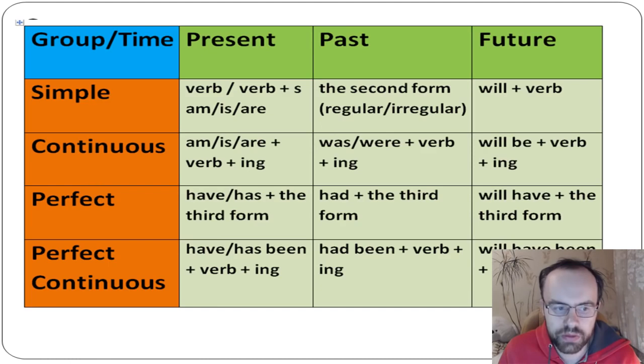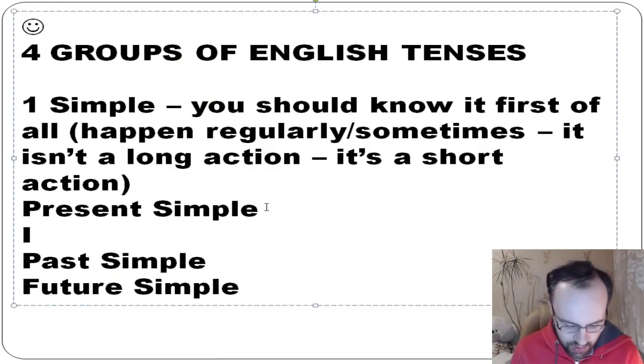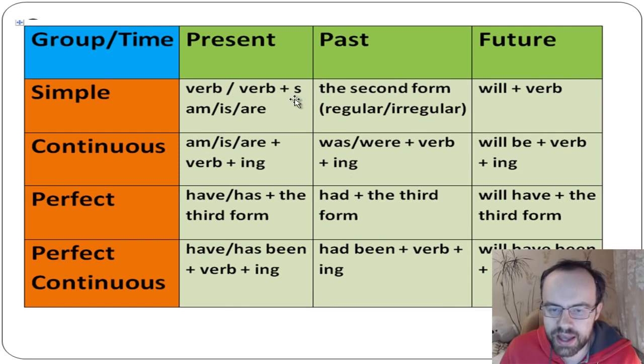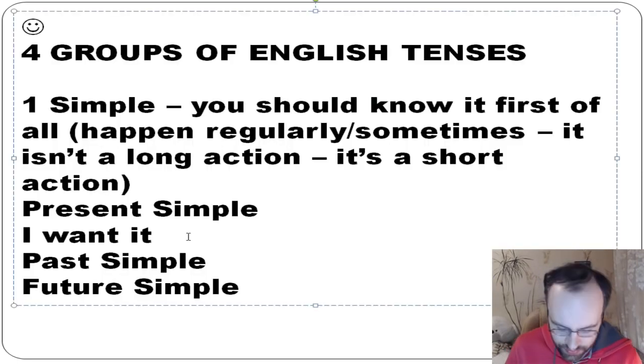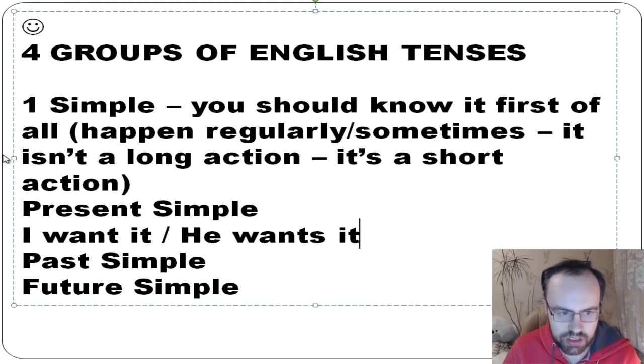Okay, so we form it this way. So verb, for example, present simple: I want it. So verb, or we can add s if it's he, she, it. For example, he wants it.